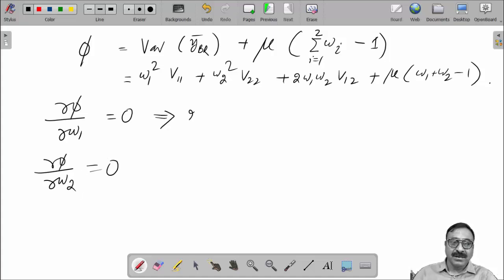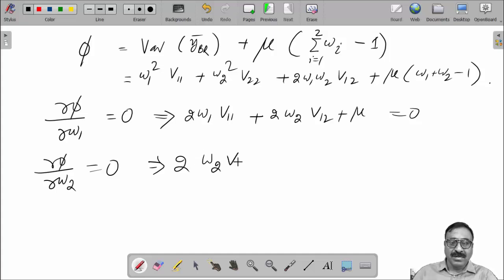This implies 2 W1 V11 plus 2 W2 V12 plus mu equal to 0, and this equation yields 2 W2 V22 plus 2 W1 V12 plus mu equal to 0.